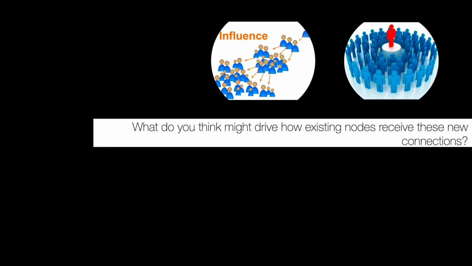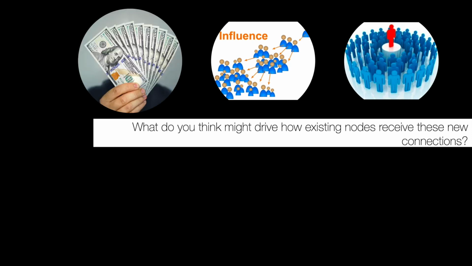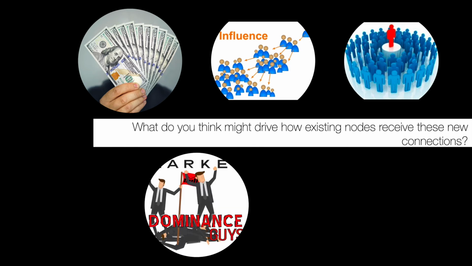When a new node comes into the network, this influencer may reach out to them and try and influence them to do something. Maybe there's some financial incentive that nodes have to go where the money is, or connect in the cheapest possible way, so they have to somehow minimize the number of connections, so they want to connect to the largest node or the most influential node.